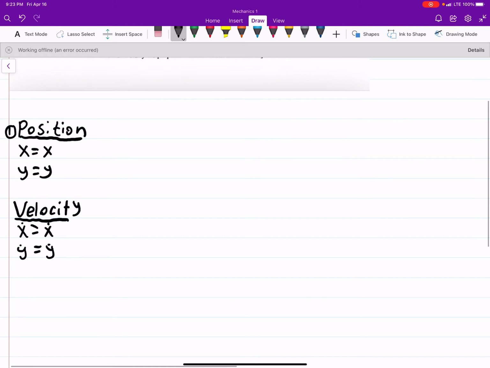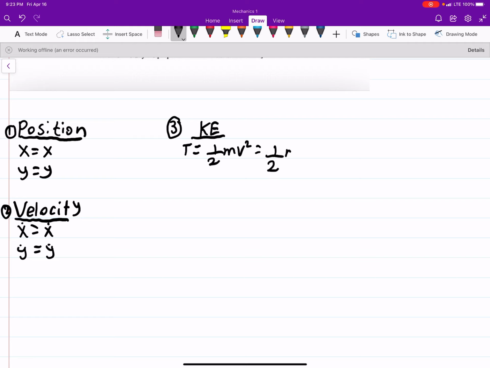So this is 1, this is 2, 3 is to find your kinetic energy. So T is equal to 1/2 mv squared, or 1/2 m (x dot squared plus y dot squared).